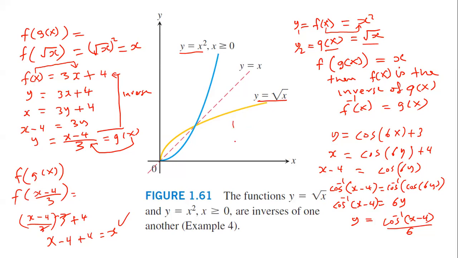Now let me ask you this question. Assuming that I have a table, and the table has the values of X and Y. Let's suppose that this is X and this is Y, with 1, 2, 3, 4, and 5, and let's say A, B, C, D, and E. Now what is the inverse of this function?